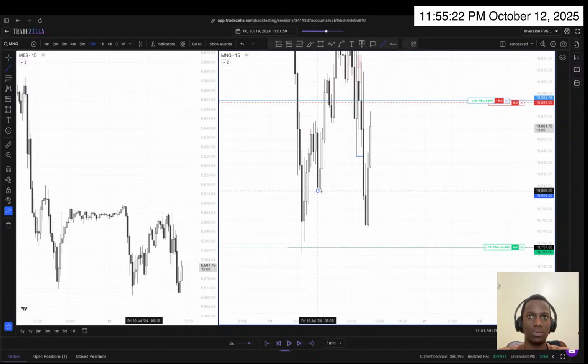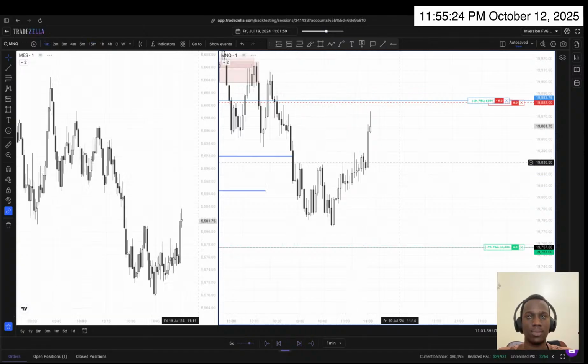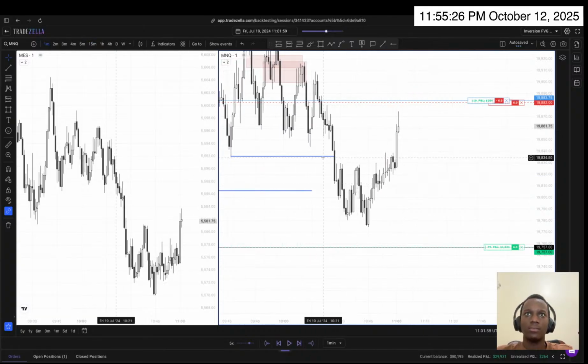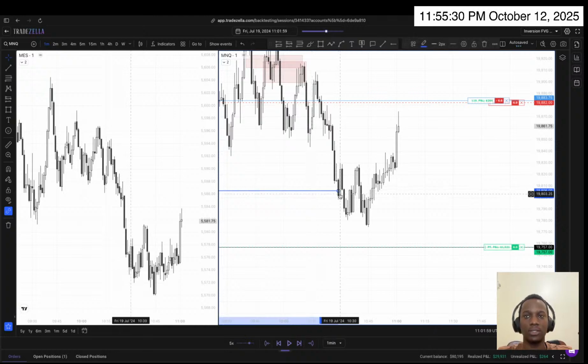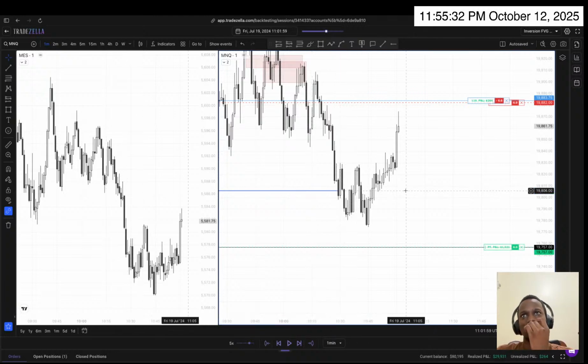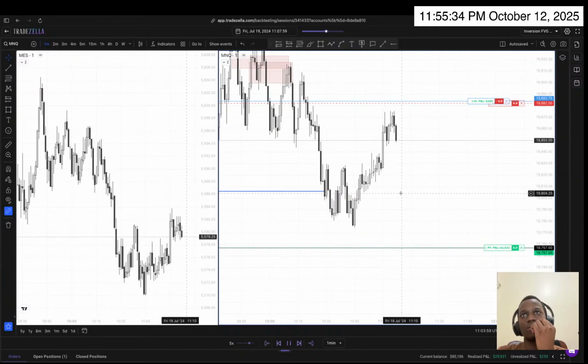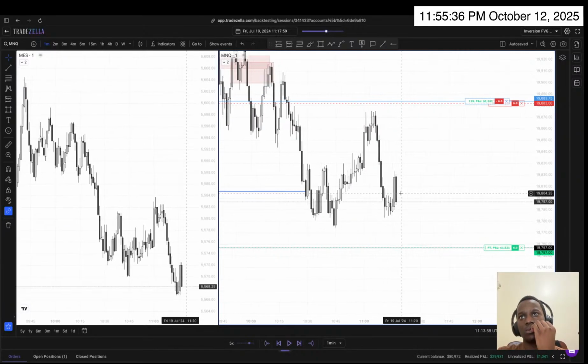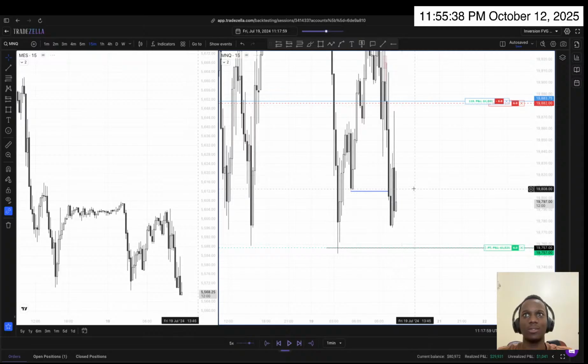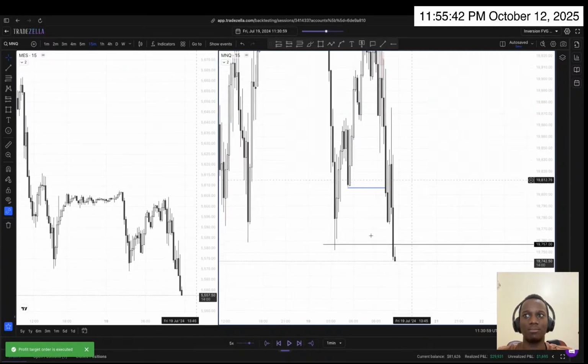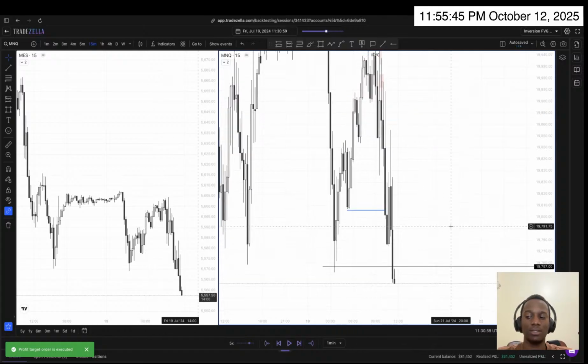So this here should have been the target. This here should have been where I closed my position. Let's wait for the. I was waiting to get stopped out or break even here, but this 15-minute candle is proving me otherwise. Full take profit gets hit right there.